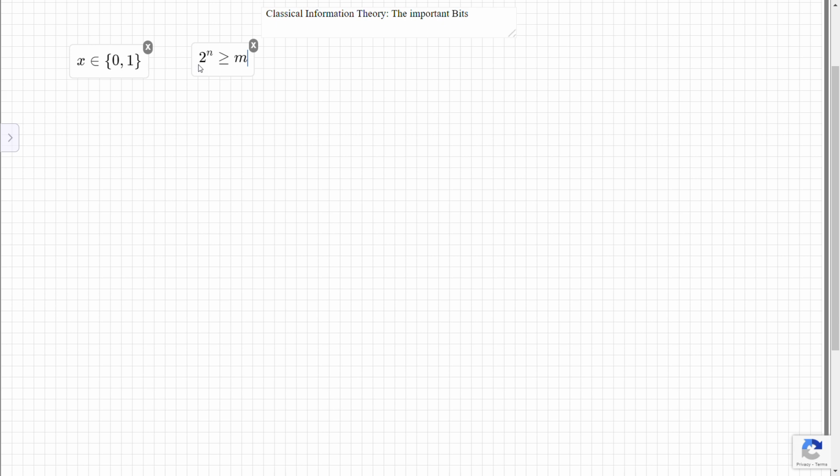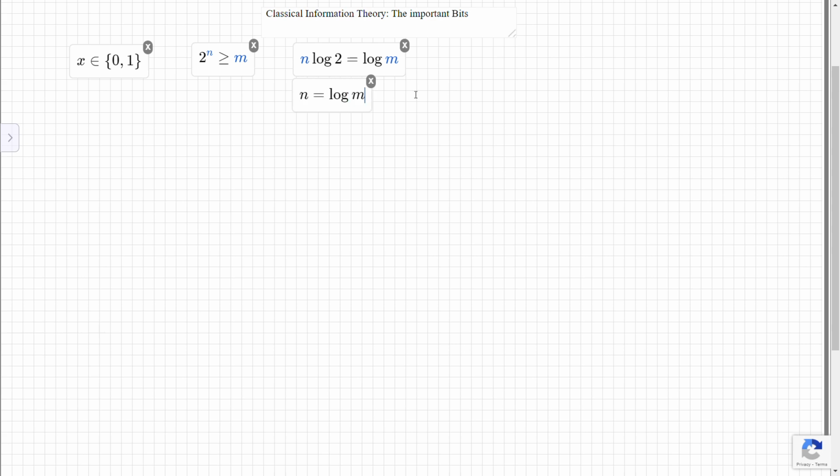There's a very interesting way to look at this equation. If I take log on both sides of the equation, then this becomes n log 2 equals log m. Here I'm taking log with base 2, so log 2 becomes 1, and this would basically be n equals log m.